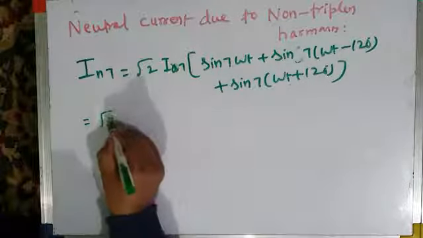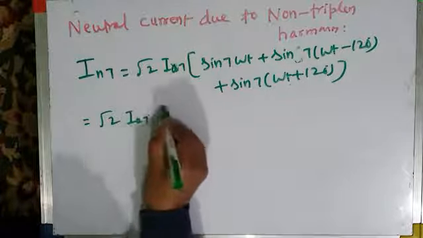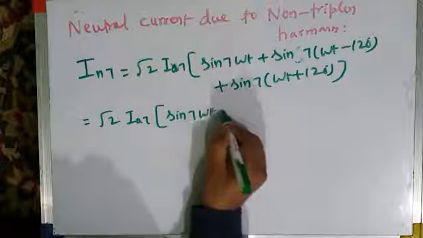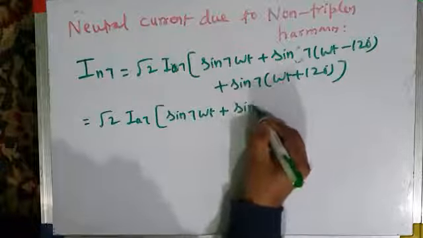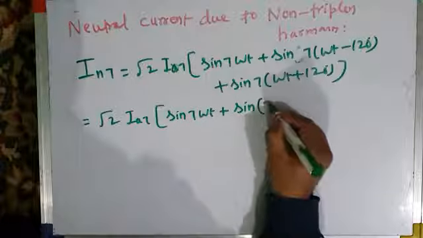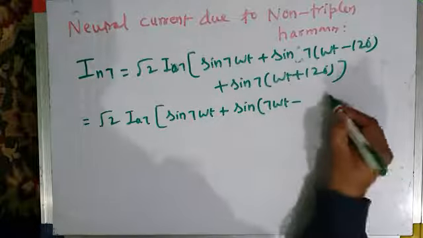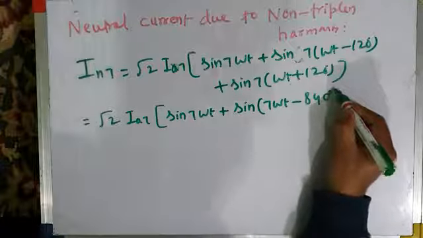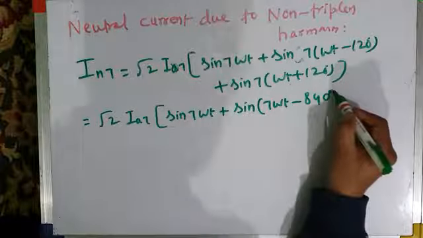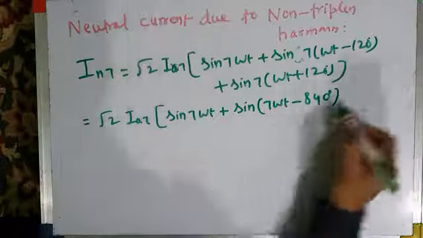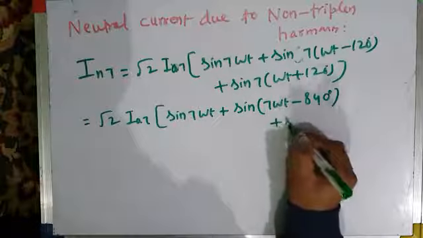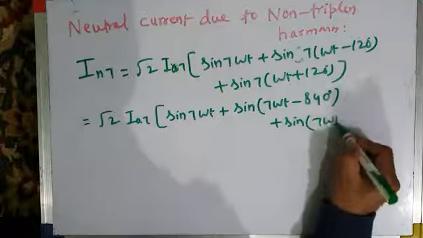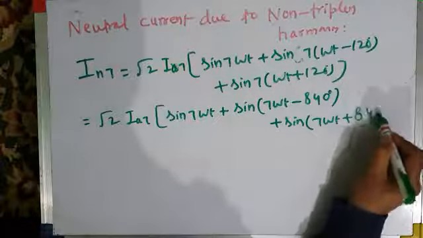So that is equal to root 2 IA7 times sine 7 omega t, plus sine of 7 omega t minus 7 into 120 degrees, which is 840 degrees, plus sine of 7 omega t plus 840 degrees.